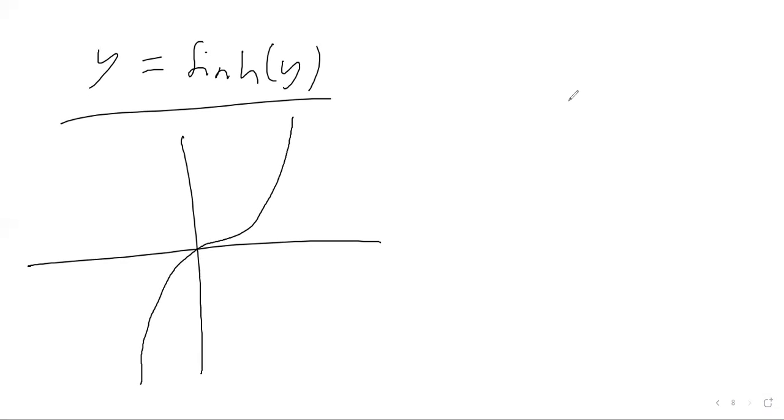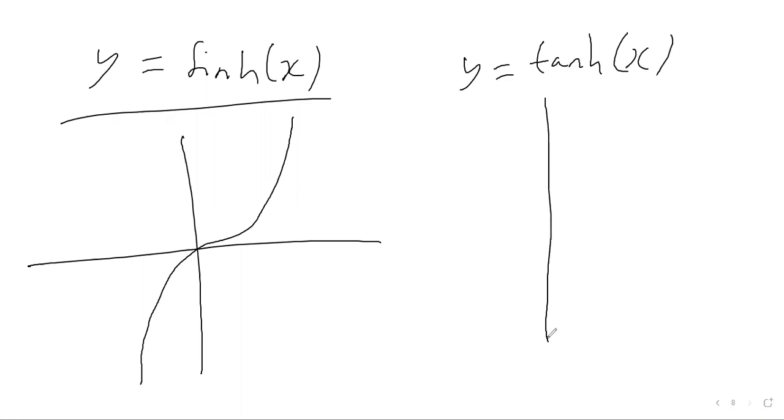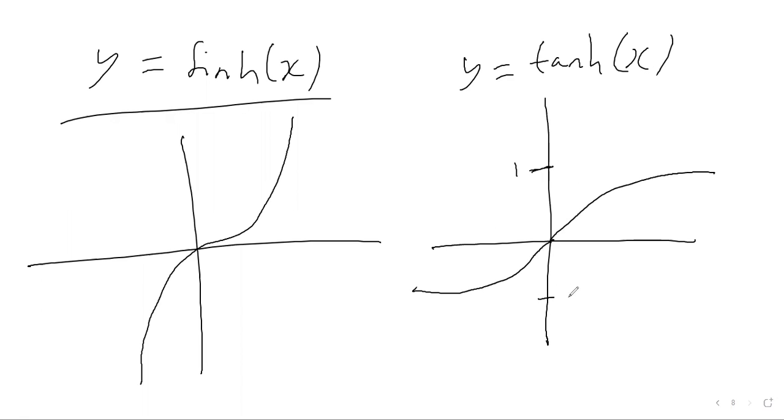And when you sketch the y equals tanh of x function, we get something that looks like this, with asymptotes at y equals 1 and y equals -1, like so.